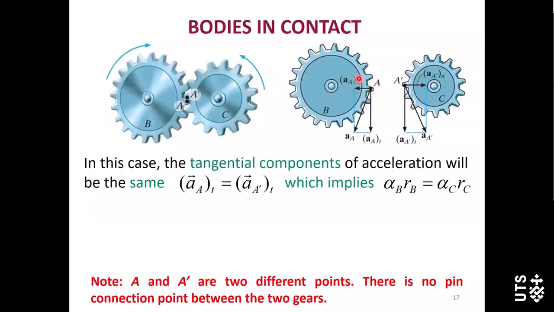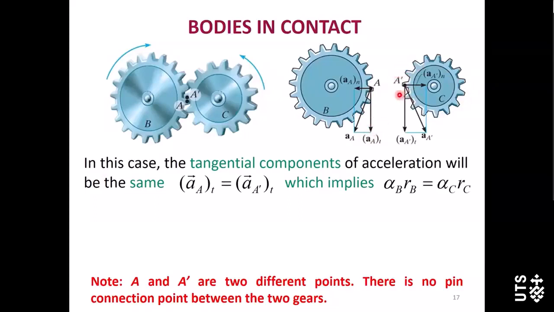One is the normal component AAN, direction from A to the rotation center of gear B. Another component is AAT, the tangential component.